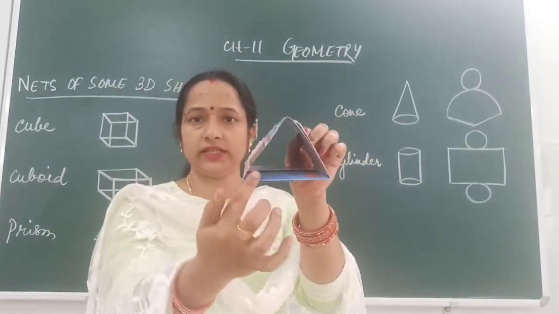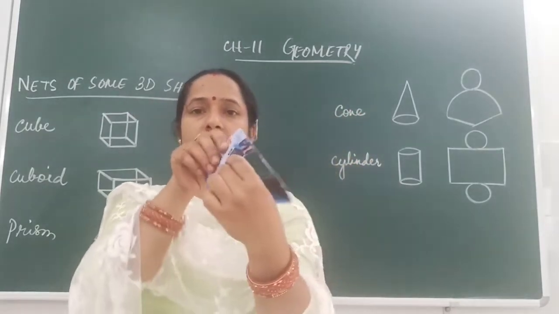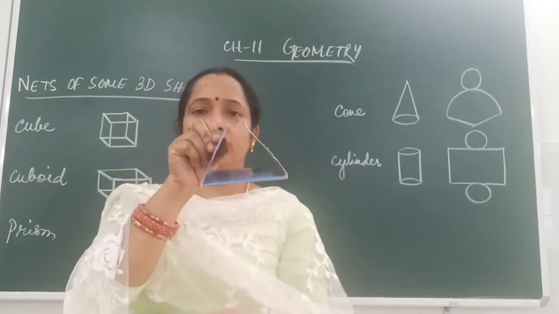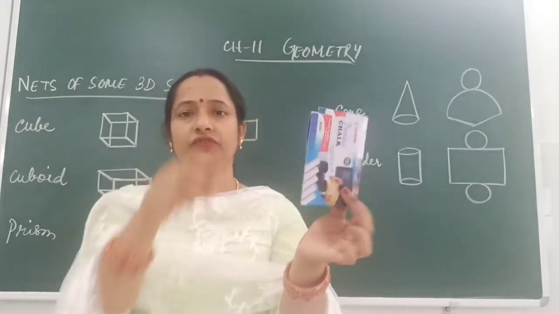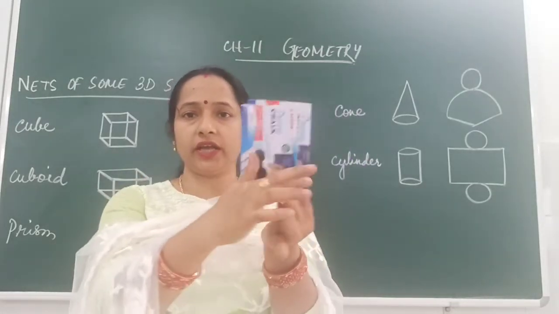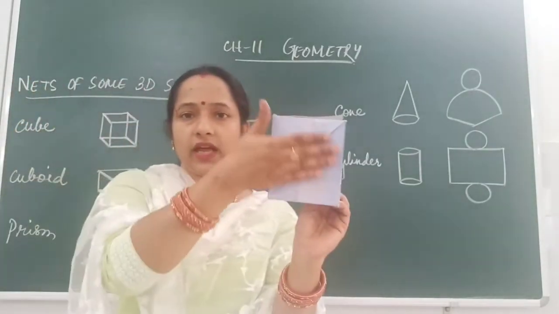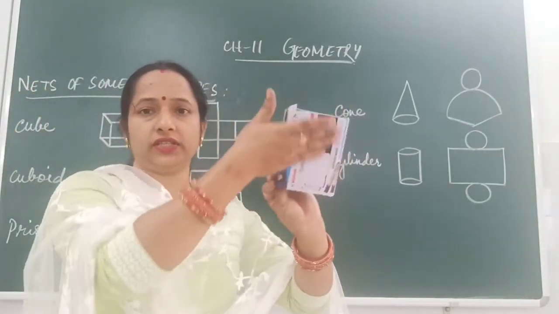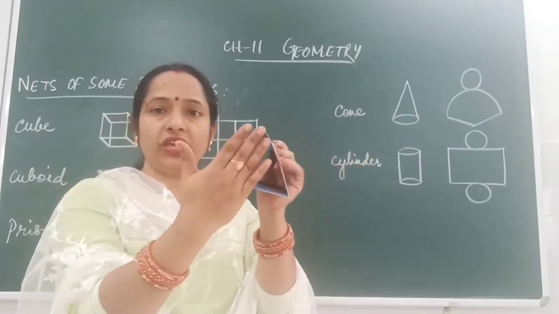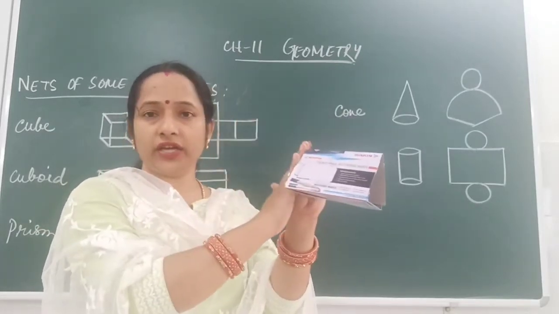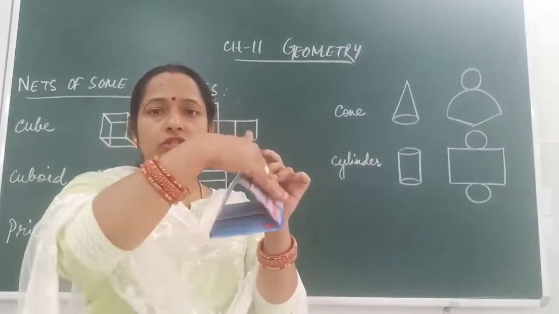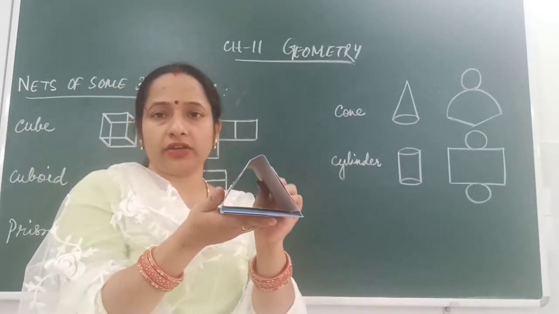Here this is triangular in shape, and on the other side also you have the face triangular in shape. And if you make it stand, you get a rectangular face here. Then the other face is also a rectangular face, and here also a rectangular face. So we have two triangular bases and 1, 2 and 3 rectangular faces.